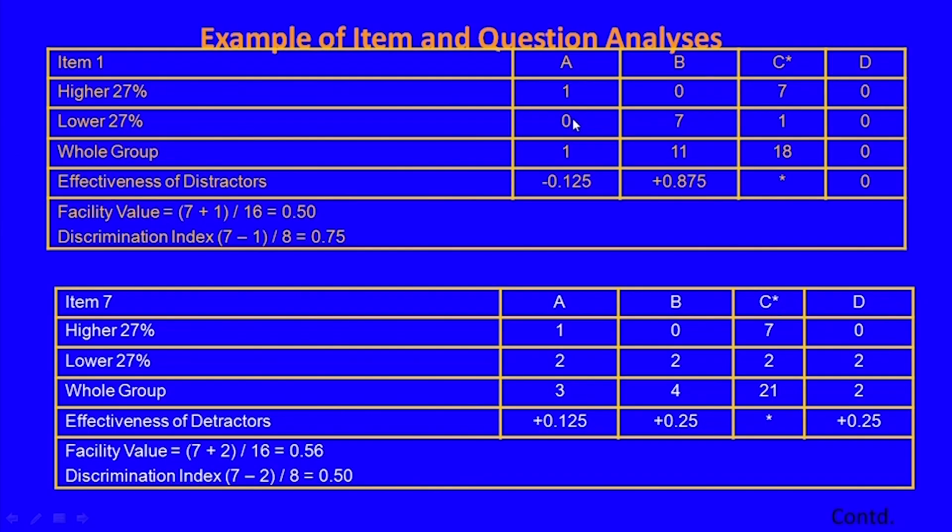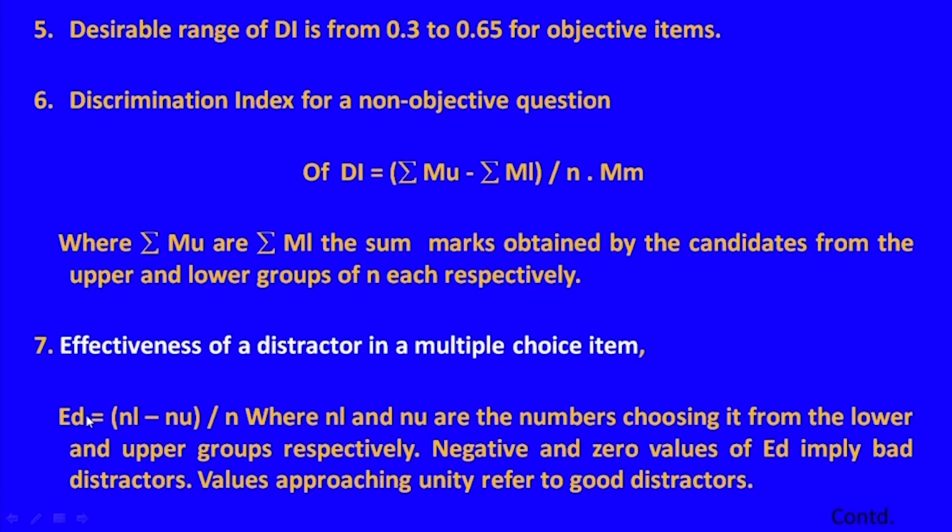So, what is the effectiveness of distractor? Effectiveness of distractor is defined as the number of people from the lower group who have chosen it minus the number of people from the upper group who have chosen it, divided by n.